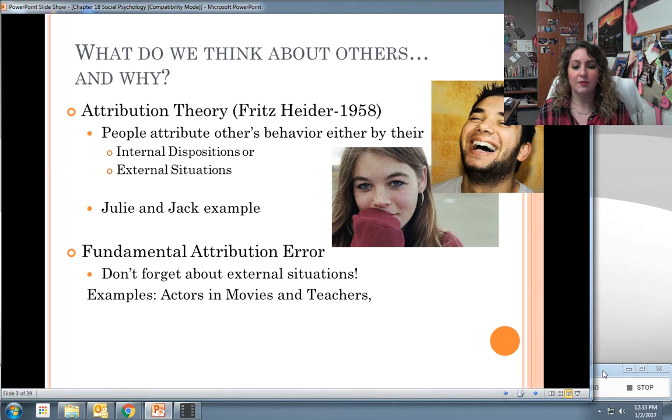We tend to think about actors in movies. Oh, well, the reason that this person plays a good bad guy is that they're really dark and twisty inside for real. Not necessarily. They're actors reading lines that were written for a character.